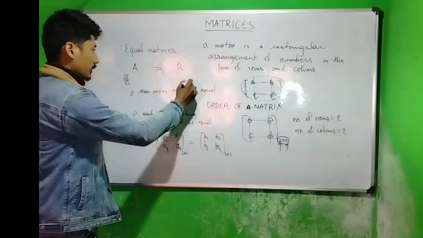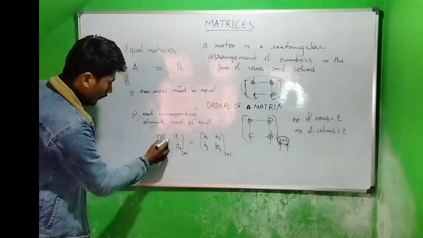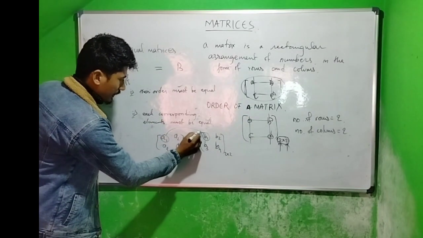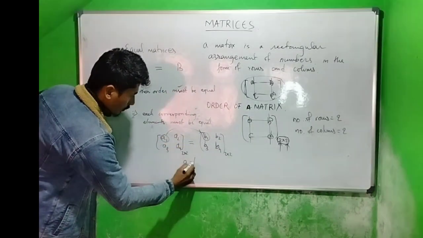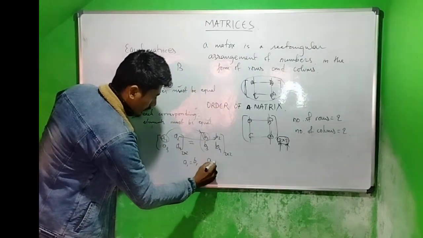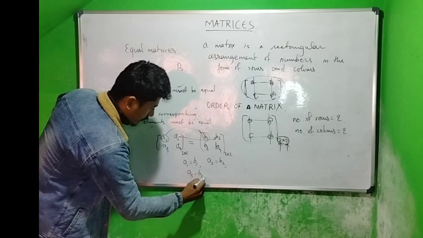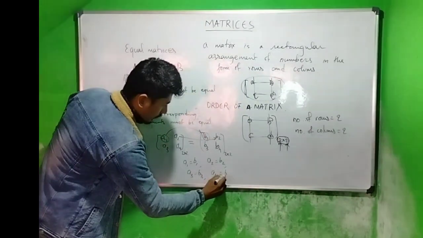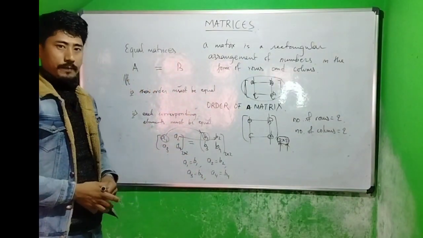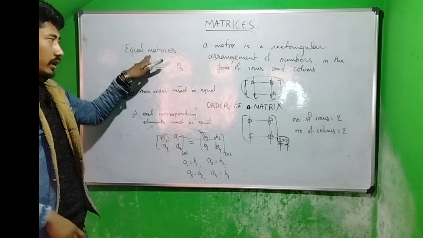First part is done, verified, their orders are equal. And second part is their corresponding elements. That means first element must be equal to first element. Similarly, second element must be equal to second element. Third element must be equal to third element. And fourth element must be equal to fourth element. That's it. So these are the order of a matrix and equal matrices.